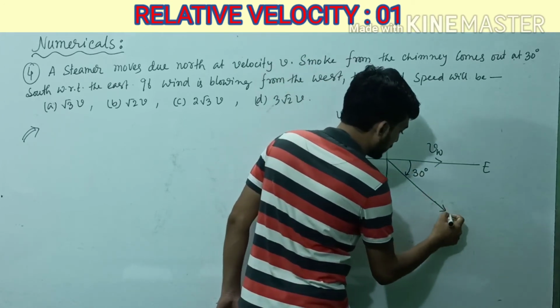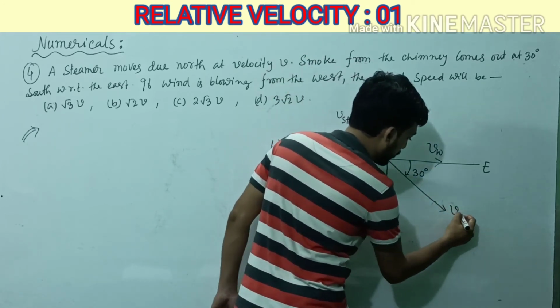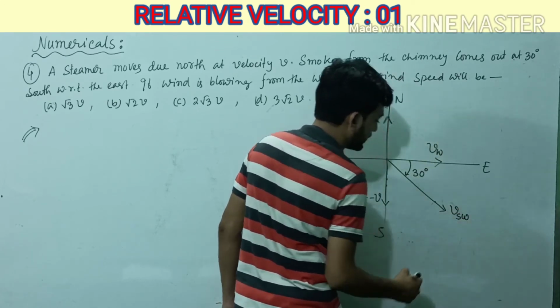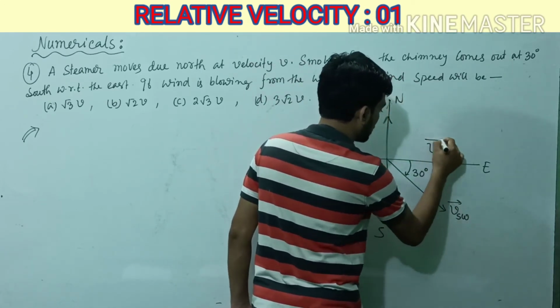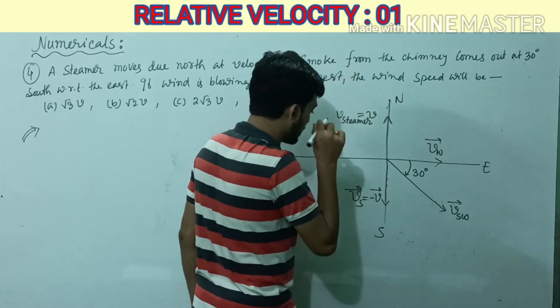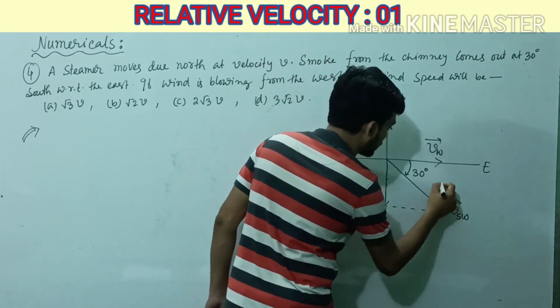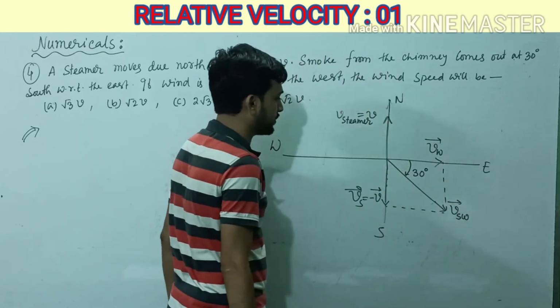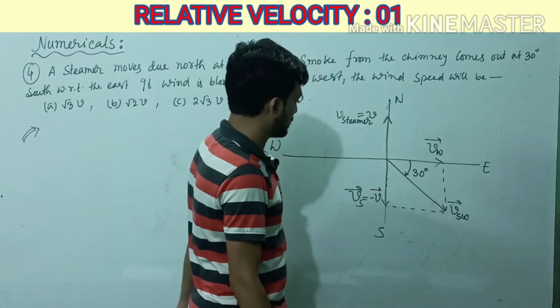So this will be the direction of resultant velocity of smoke and wind. Okay. And this one can also be obtained as the diagonal of this rectangle.